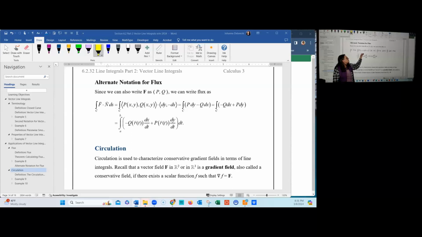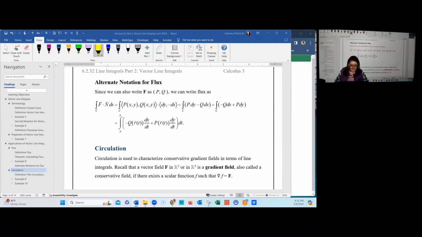Again, Q is the second component of the vector field with the parameterization substituted inside. dx dt is the derivative of the first component of the parameterization. You can apply this formula to the previous problem we did, and you will find that you get the same result, 3/2, for the value of the flux integral.